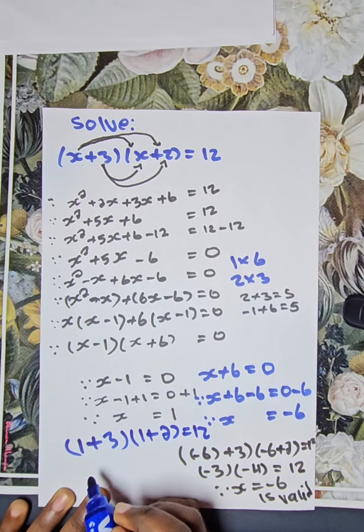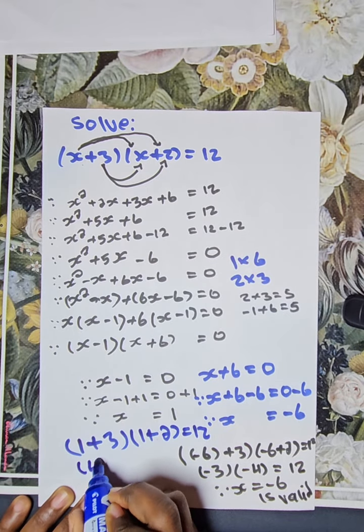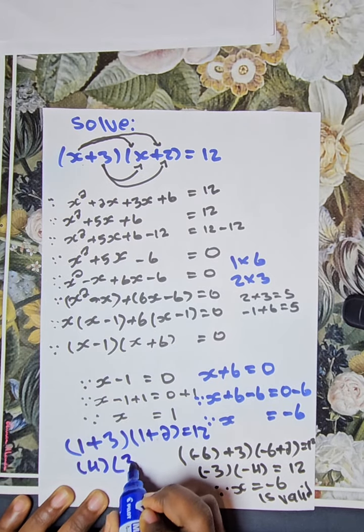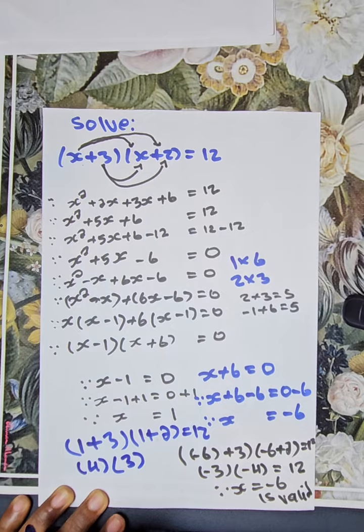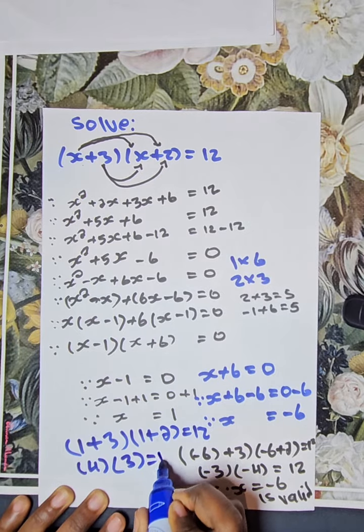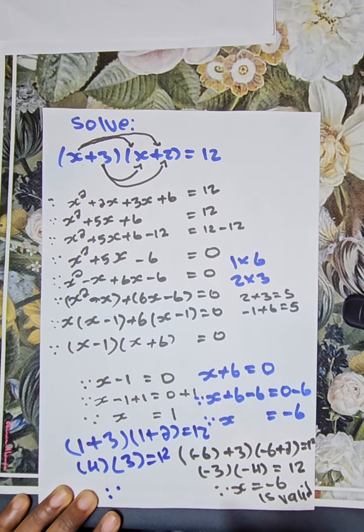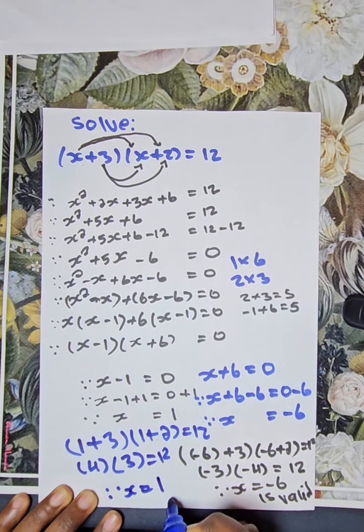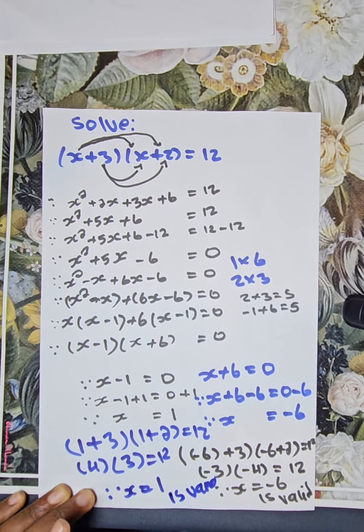Therefore, 1 plus 3 equals 4, and 1 plus 2 gives me 3. If I multiply 4 by 3, it gives me 12. Therefore, x equal to 1 is valid. Well done. Then you can submit your work. Thank you.